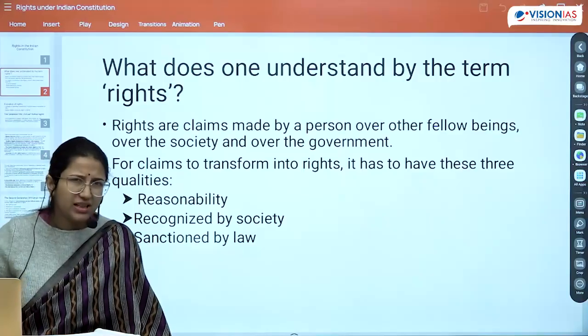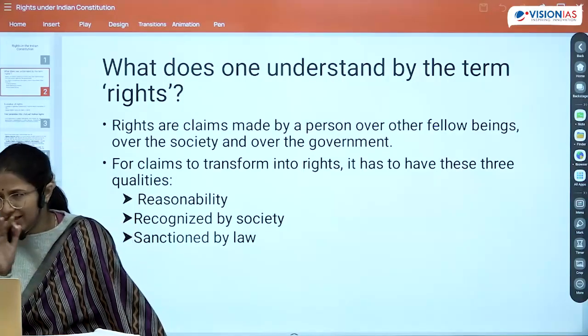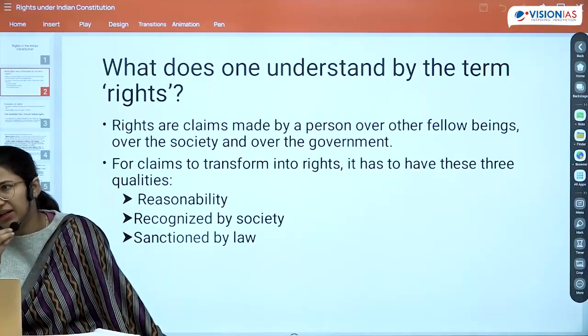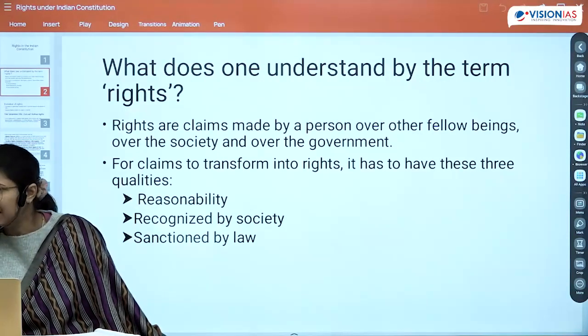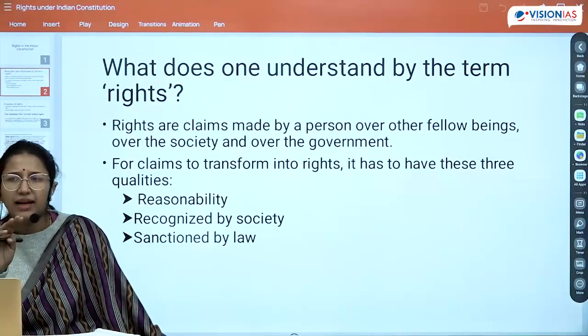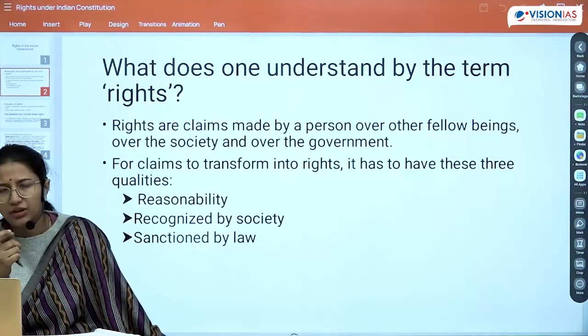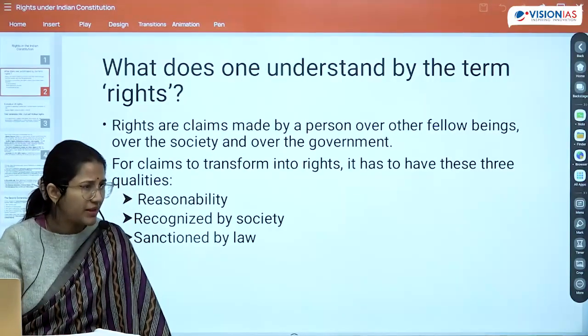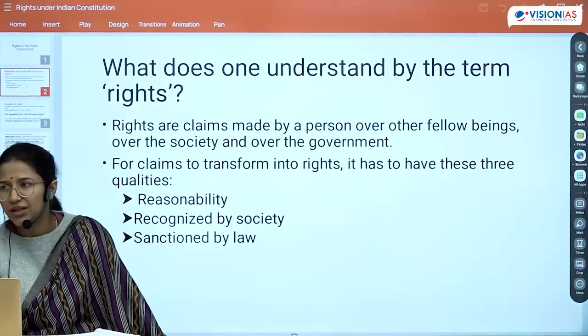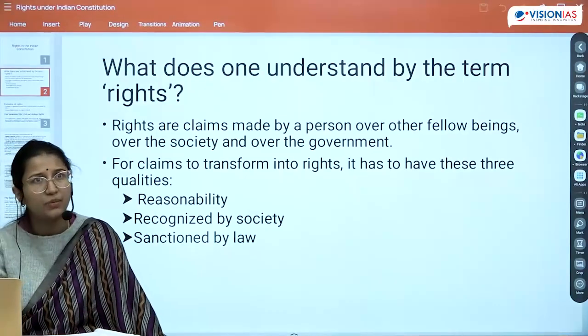Fine. So this is how we describe rights. These are claims made by individuals against other fellow individuals, against society, or against the state. And three essential conditions to be fulfilled for a claim to be recognized as a right: that they should be reasonable, they should be acceptable to the society, and enforceable by law, recognized by law.